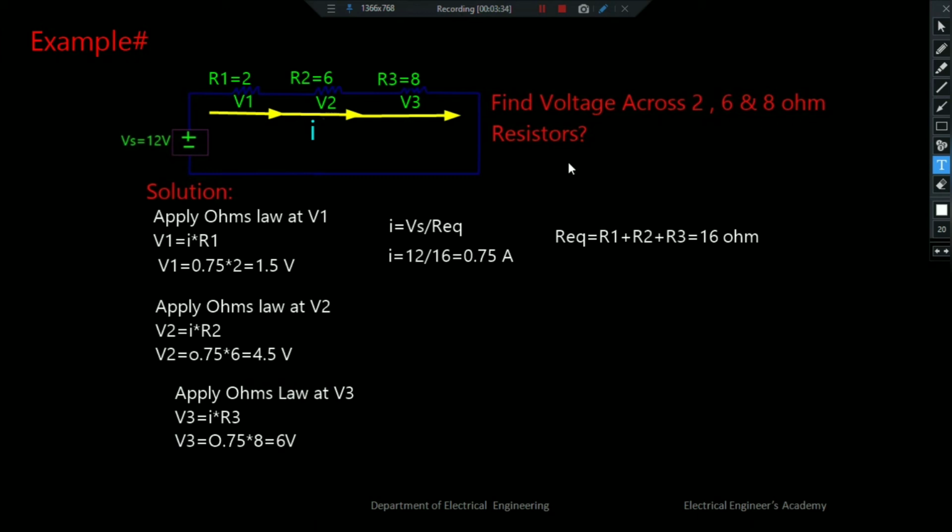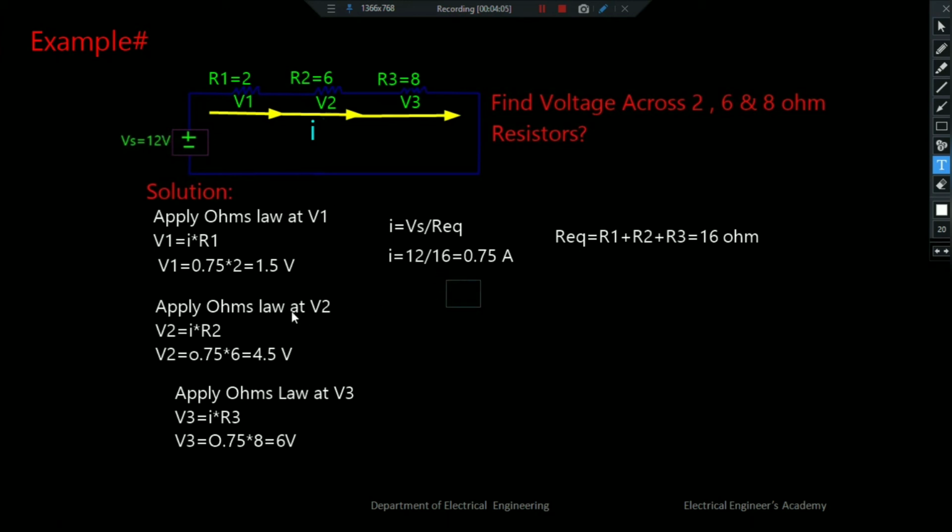Now students, many students are in confusion whether our answer is correct or not. To solve this, there is a back check method or verification method, which is that if the sum of all three voltages V1 plus V2 plus V3 is equal to Vs, then our answer is correct, otherwise not.